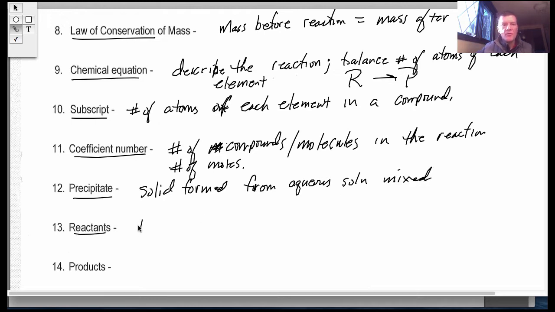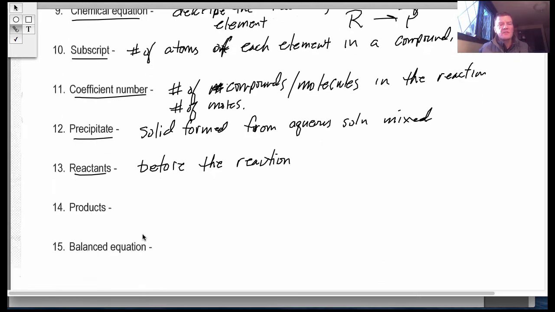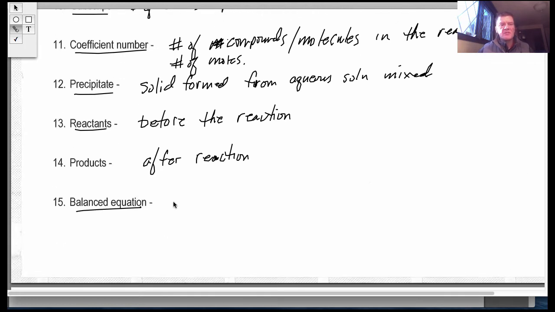Reactants, those are before the reaction. Those are the compounds, molecules that you have before the reaction. Products are after. Okay. Balanced equation, this is using coefficients. Okay, you're going to basically conserve mass by using coefficients.